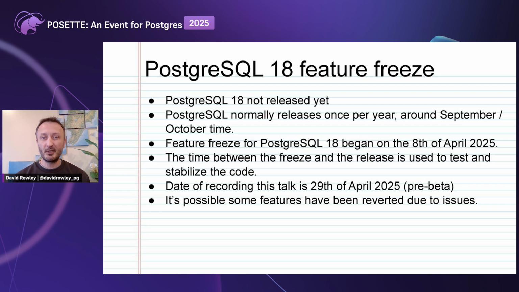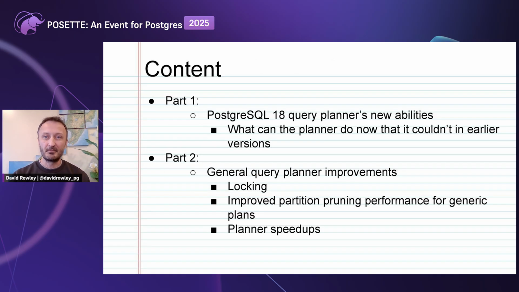Because that is not so long ago, it's possible that something changes between when I've recorded this and when the actual release is made, which is around September, October this year. It has happened before. One of the features that I'm going to talk about today was previously in Postgres 17, I think, and did get reverted. So let's hope that doesn't happen, but it is possible that it does.